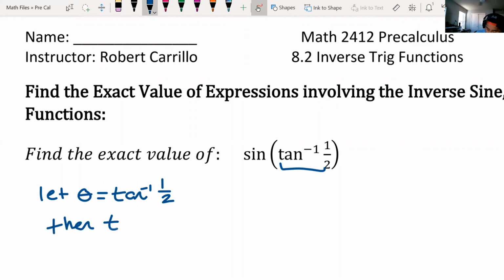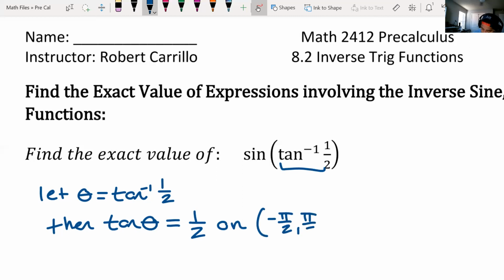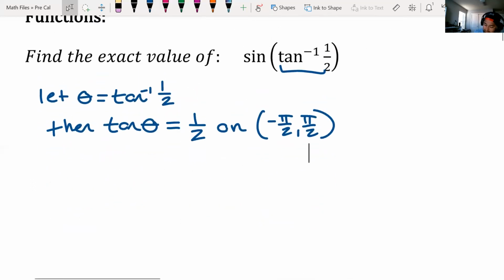And you get then tangent theta is equal to 1/2. But this can only be possible on the inverse tangent restrictions. Anybody remember the restrictions for the inverse tangent function? Negative pi over 2 to pi over 2. Good. It's the same as sine, except it can't be equal to it.